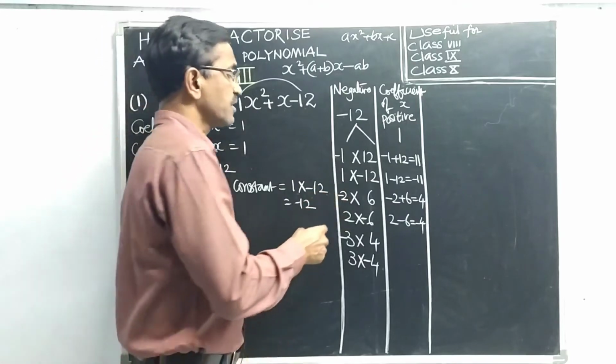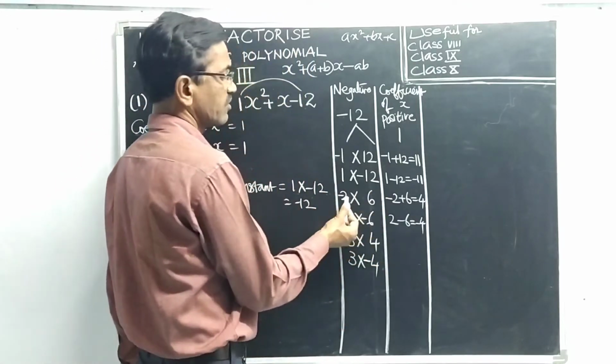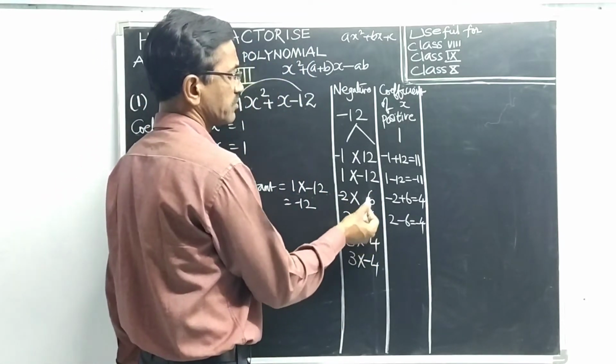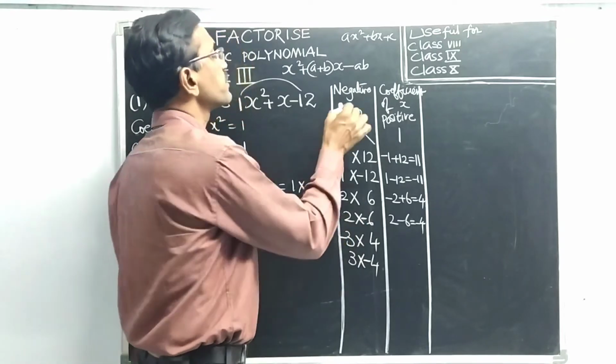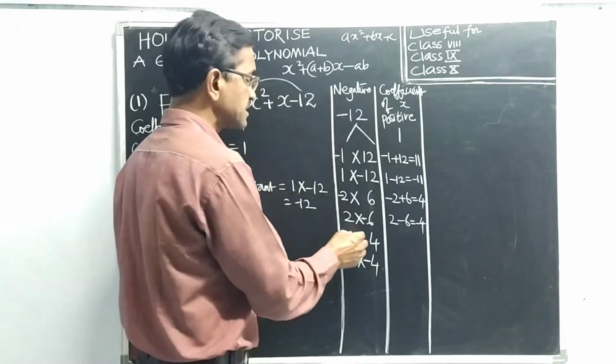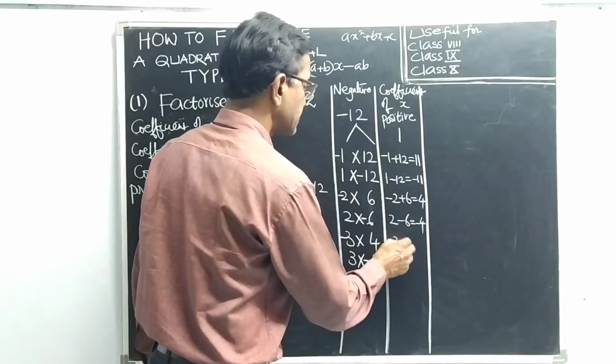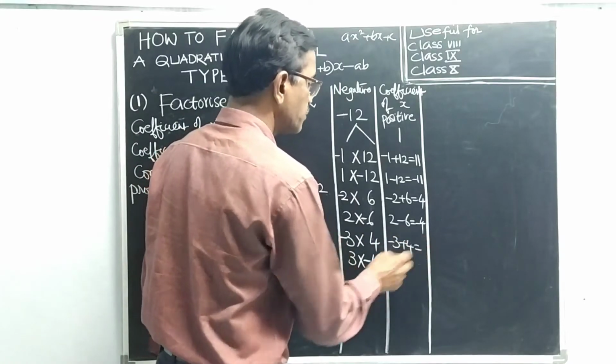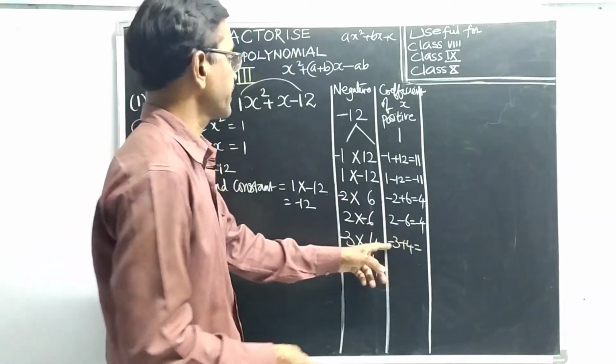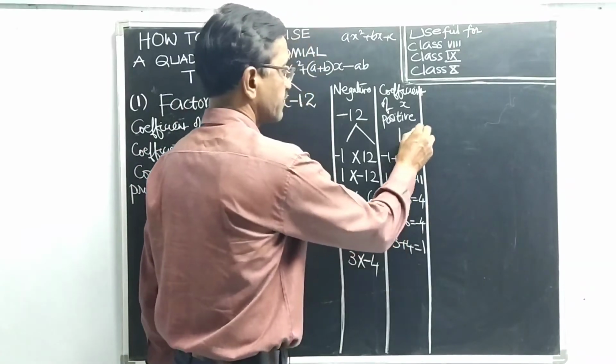So if you observe all these pairs, one of the two numbers is negative and the other one is positive when the product is negative. Now in this case different symbols are there, so we have to subtract. 4 minus 3 is 1, here we got 1.